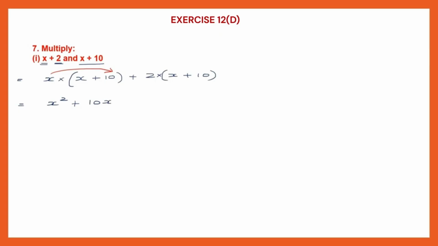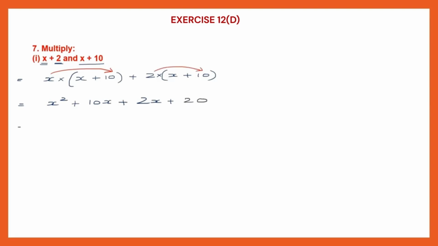Now we go on to the second part. So here we're going to write plus. Now look at the next one. So here we have 2 into x plus 10. So first we multiply 2 into x and then 2 into 10. So the first thing is 2 into x. 2 into x is 2x plus, now we finish multiplying this. So we're going to go on to 2 into the next term, which is 2 into 10. 2 into 10 is 20.